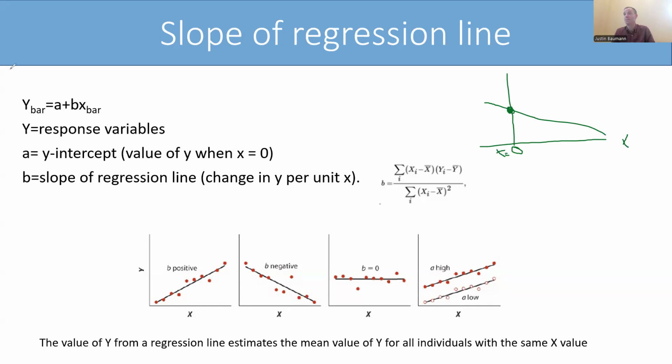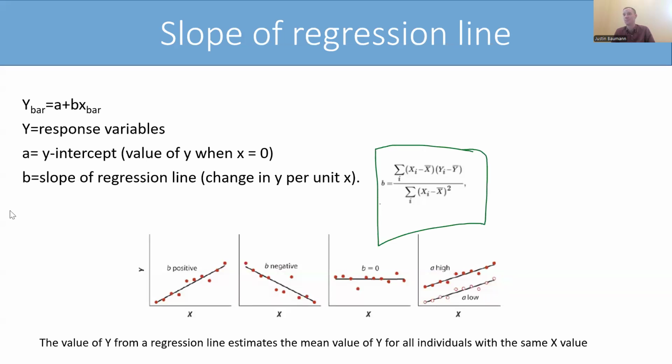And b is the slope of our regression line, which is the change in y per unit x. And you've probably calculated slope a lot of times in your life, so I'm not going to belabor this point, but you calculate slope by calculating slope. It's the sum of the difference between all the points divided by the sum of the variance of x. It's rise over run also. It's the same way it always has been. This is just if you're looking at it from a statistical standpoint.